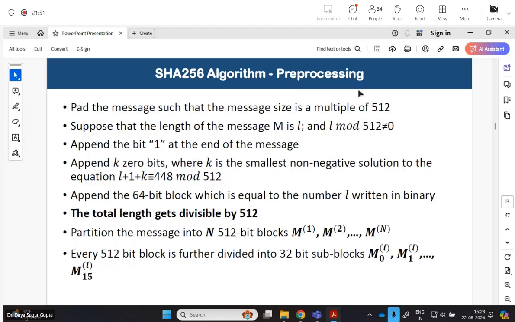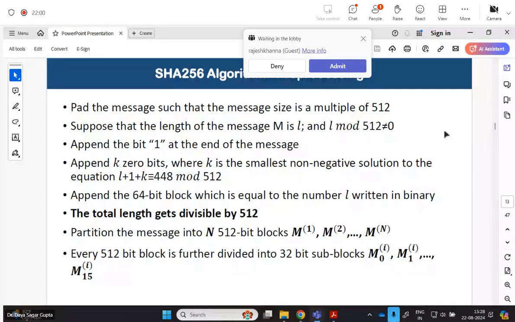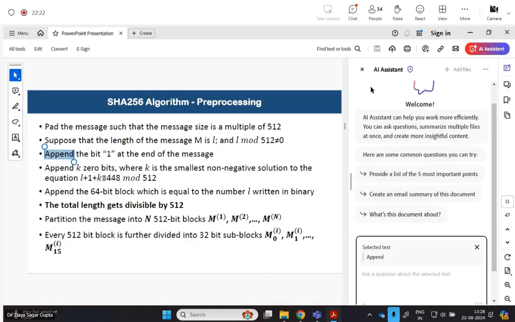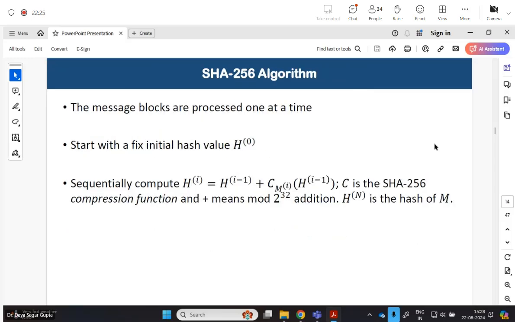Okay, so these are the things till here. Now the message blocks are processed one at a time.